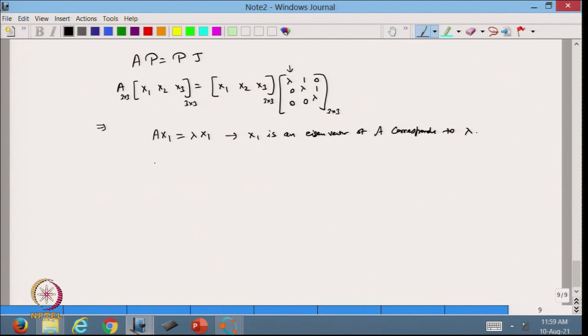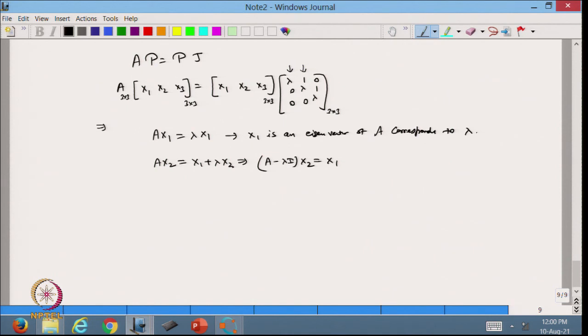Now, I can write A x2 by multiplying the second column, and here also I am multiplying the second column with this matrix. It will give you x1 plus lambda x2, and from here I can write that (A minus lambda I) x2 is equal to x1.